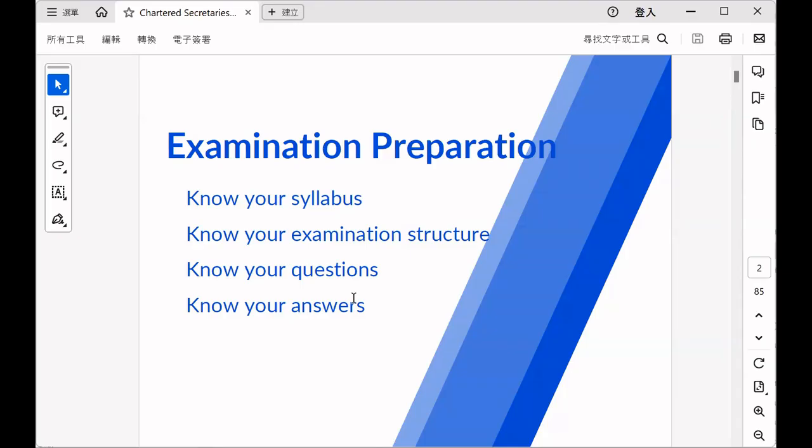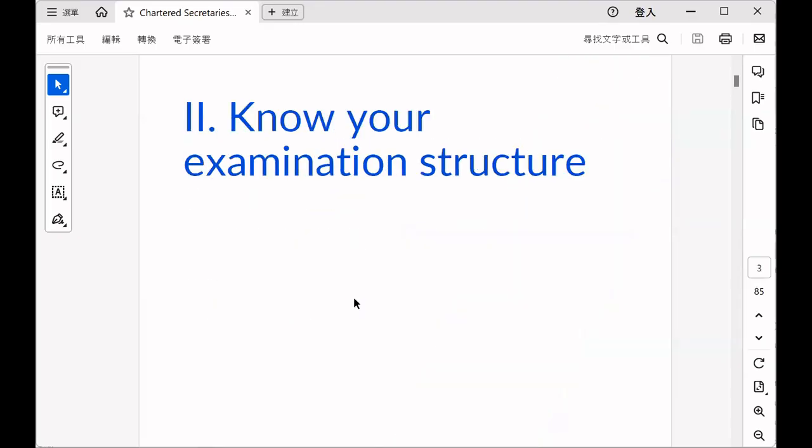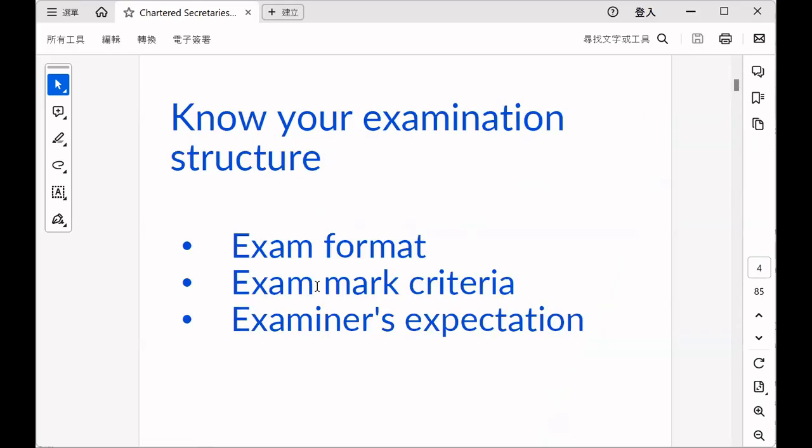Now, the second technique is, of course, to know about the examination structure. What does it mean by knowing the examination structure? That means you have to know about the examination format. I think that is quite easy. Most of you do know about the examination format, the paper format. The second one is about the mark criteria.